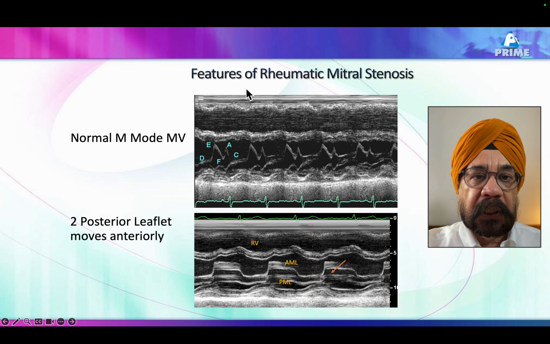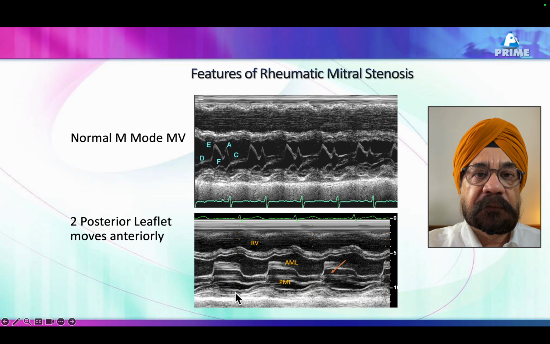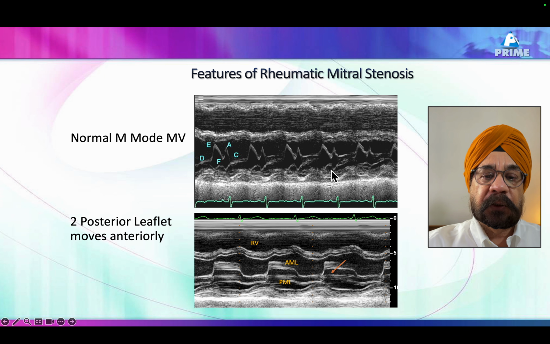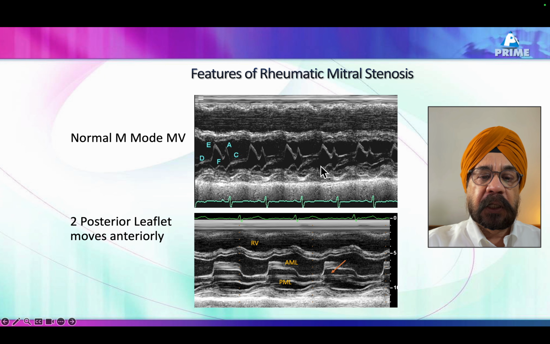Another important hallmark of rheumatic mitral stenosis is the posterior mitral leaflet moving anteriorly. This is the normal excursion on an M mode, and this is the posterior mitral leaflet movement. You see the posterior mitral leaflet going posteriorly, anterior going anterior, posterior going posterior, right?